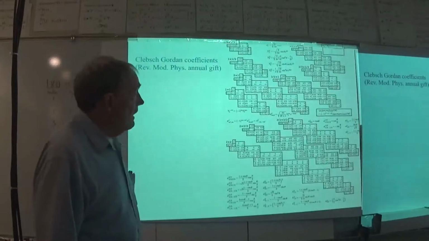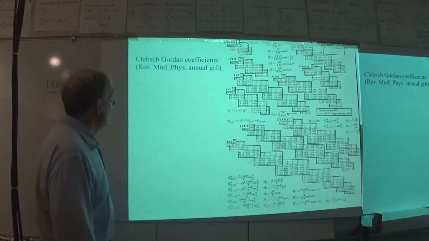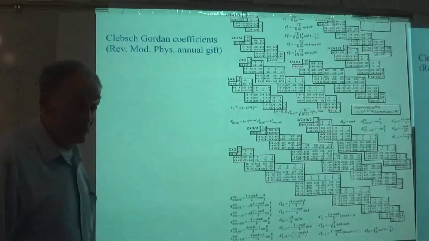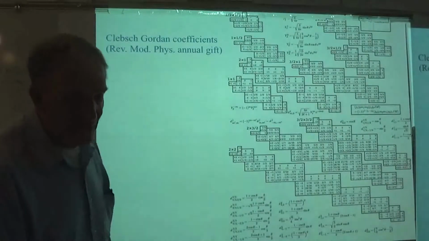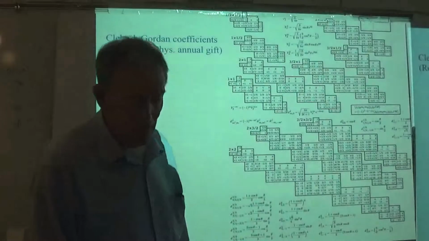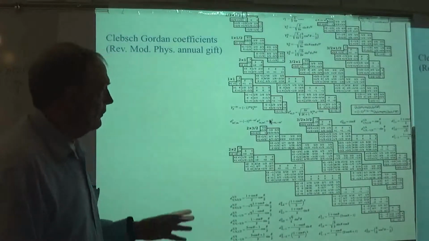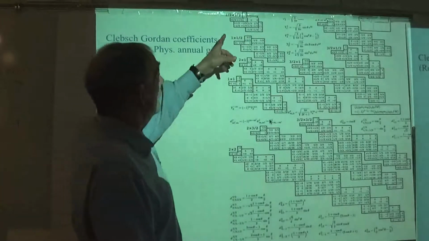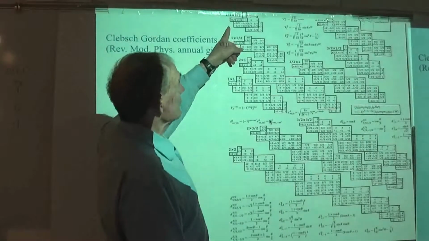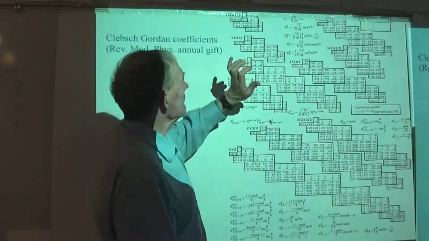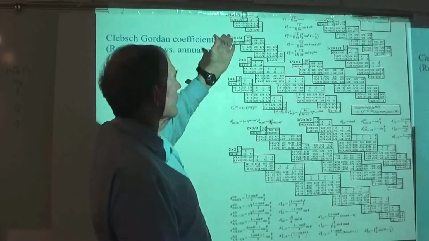So today, I've left you an annual gift of the Reviews of Modern Physics. Now, they're not actually giving this anymore, but I've managed to get hold of an old copy and scan it in. And this takes you through Clebsch-Gordan coefficients, starting with the ones you already know. Some of you may have gotten a hole punched right through the paper at that point, but that lets you put it in a notebook.